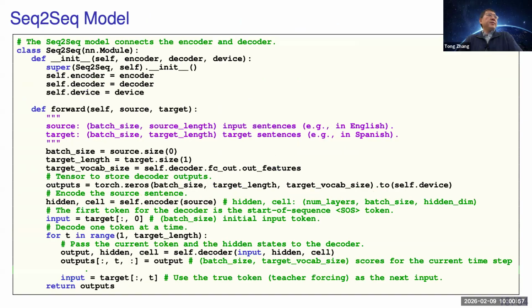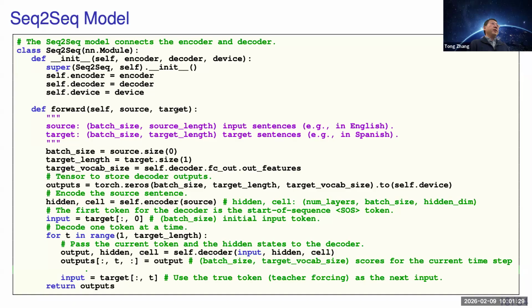Here is what you do with a sequence-to-sequence model, just a very simple illustration again of what we are doing. First we do the encoder. Your input is basically the source, because we are thinking about machine translation, so you have a source and a target.